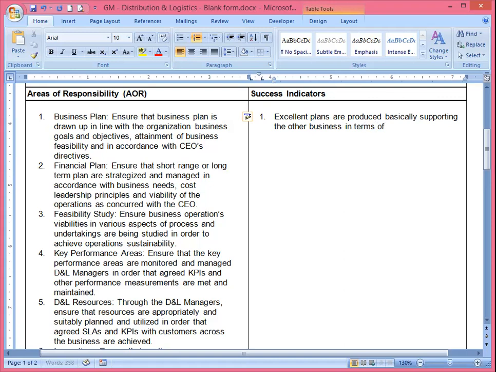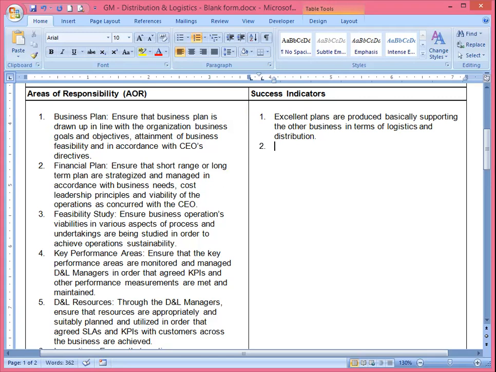In terms of logistics, of course, and distribution services, right? So that would be your success indicator for this number 1 AOR. Okay. What about the next one?